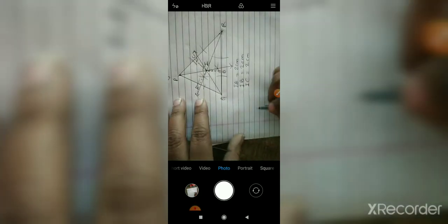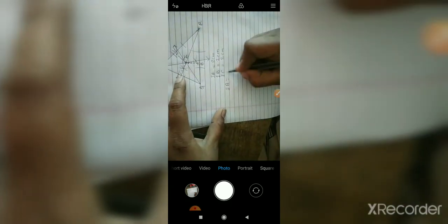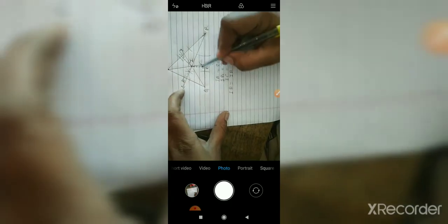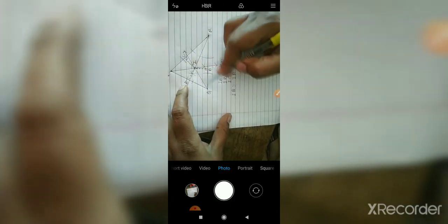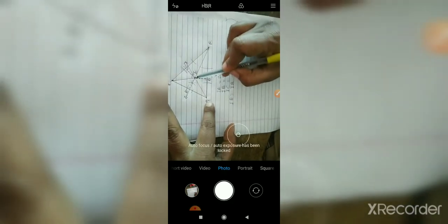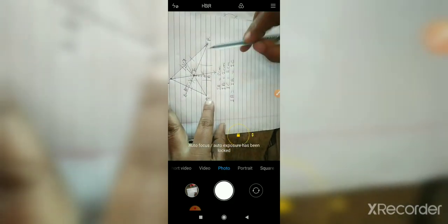So from this what we are understanding: IA is equal to IB is equal to IC. It means these altitudes are equidistant from the sides of the triangle. I is equidistant from PQ, I is also equidistant from QR, and I is also equidistant from PR.